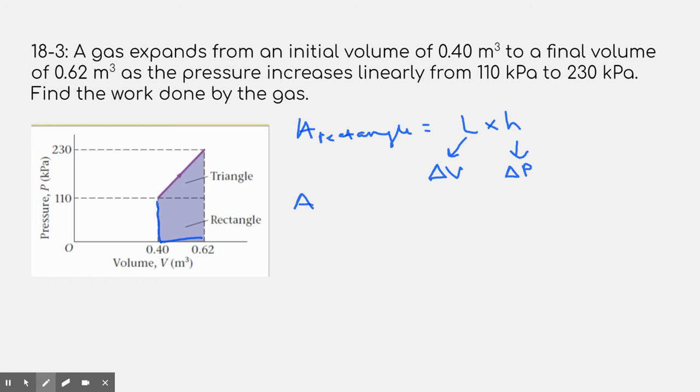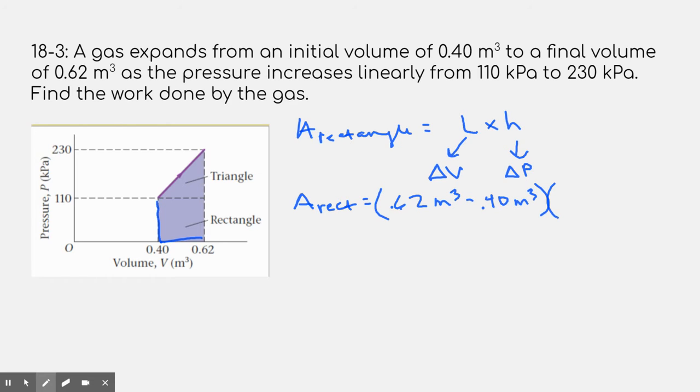So the area for the rectangle would be the final volume minus the initial volume, so that's 0.62 meters cubed minus 0.40 meters cubed. And then our pressure is going to be the final minus the initial.